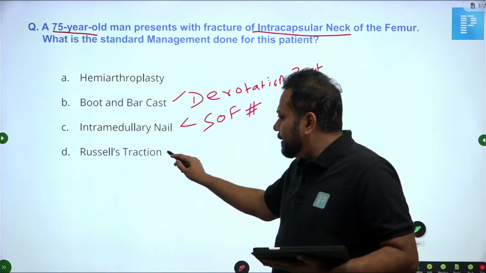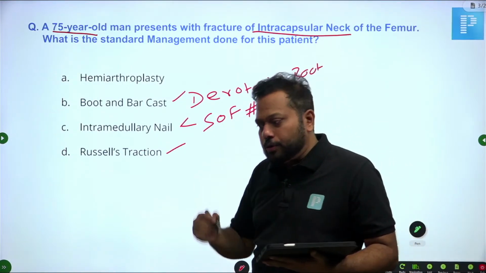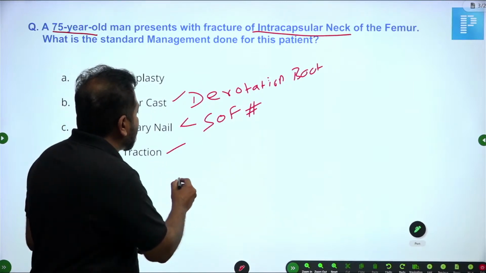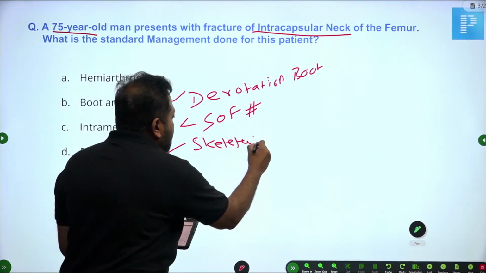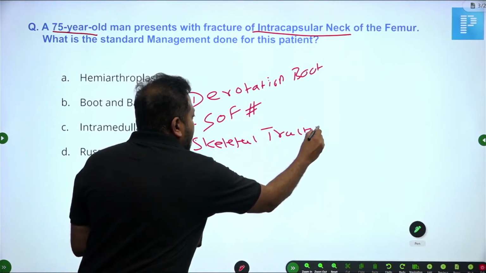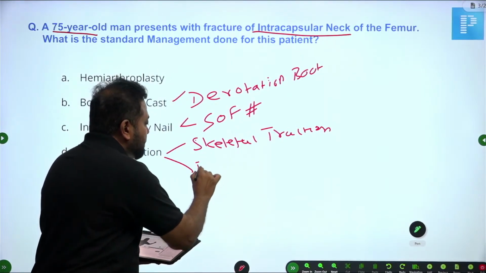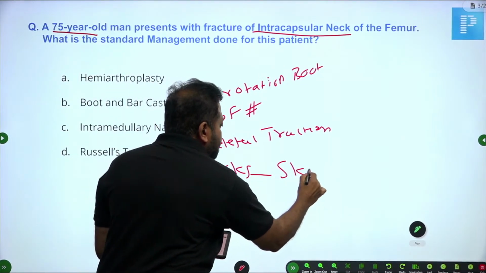Russell's traction, because 2 types of tractions, it is there in our notes. Just go and see in management or general management of fractures. Russell's traction is called skeletal traction. And Buck's traction, B-U-C-K-S, this is skin traction.